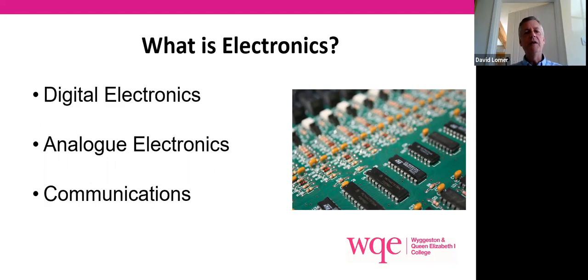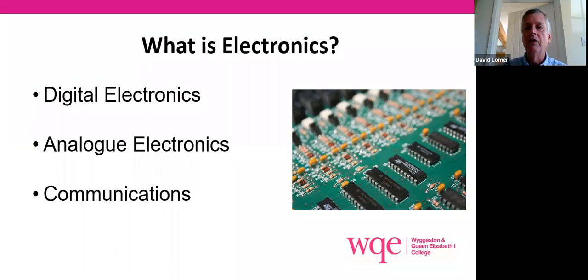So there's 3 elements to the course, if you like, 3 aspects of electronics. One is digital electronics, and that's the sort of electronics that you find in a computer. It's to do with logic gates and logic levels, and basically lots of ones and noughts.